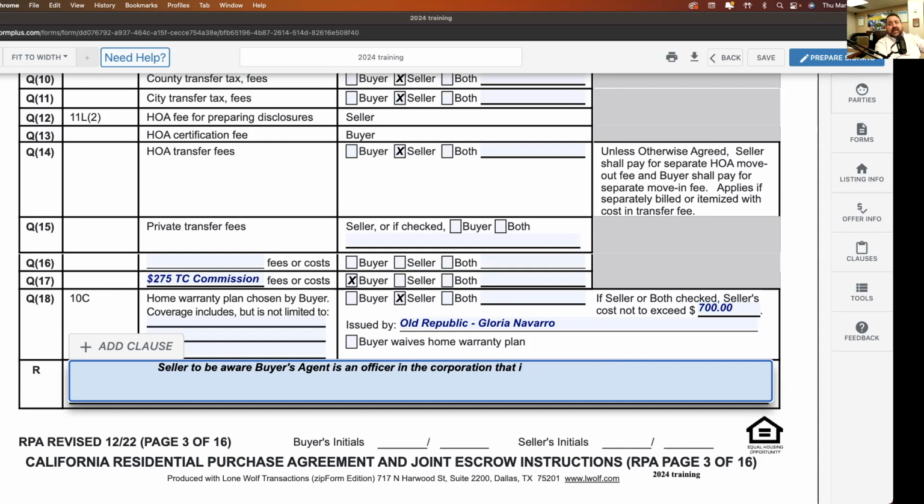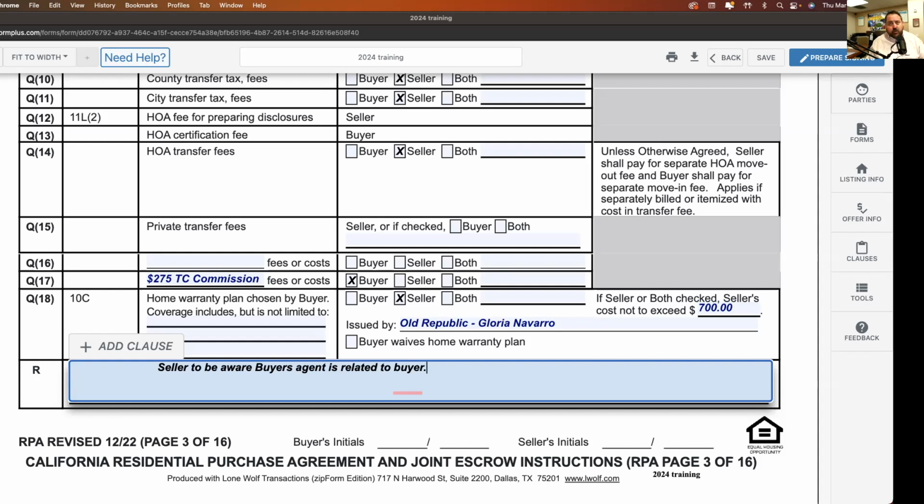For the listing agent, you don't do that in the offer, obviously, but you've got to make sure you're doing that in the counters, that's happening. The other thing is buyer's agent is related to buyer. If you're related to the buyer, you've got to disclose it. Now, sometimes we go a little bit farther just to be super conservative.